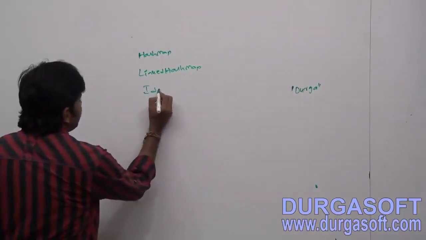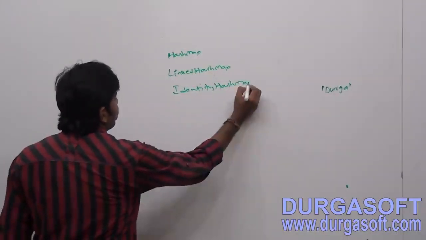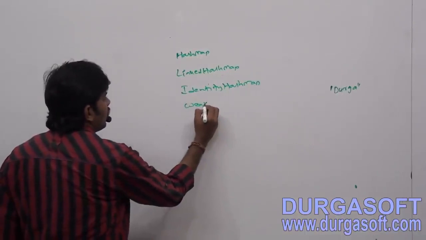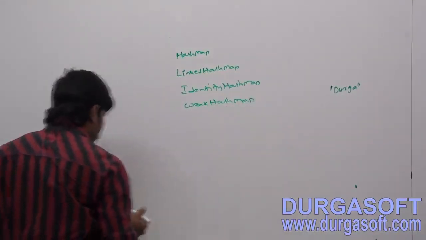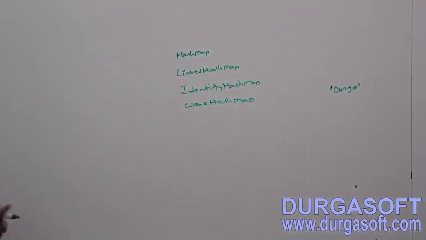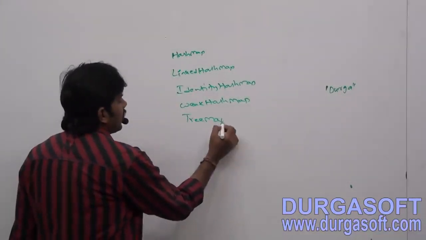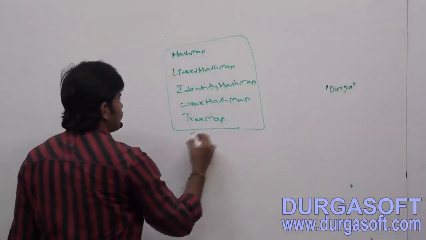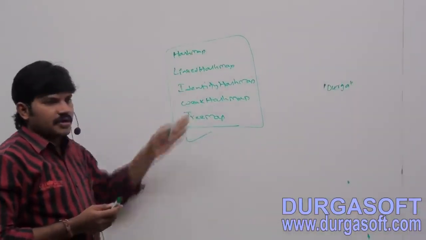And then IdentityHashMap, WeakHashMap, and after that SortedMap, whose implementation class is TreeMap. All these classes we discussed with examples, right? I hope no further explanation is required for these.